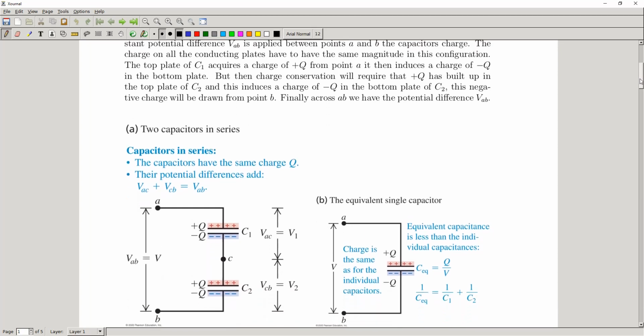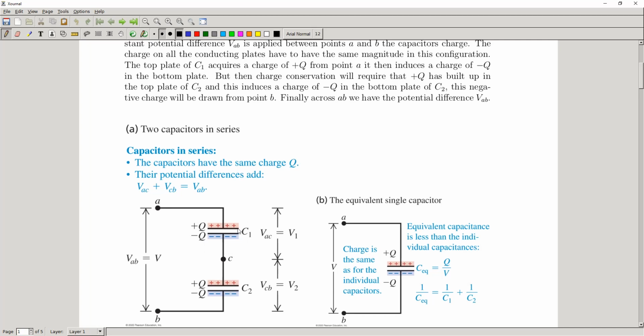The first thing we can see is that we have this potential difference of V_AB across A and B. We can imagine that maybe we have a battery put in the system that's going to give us that potential difference. As we connect this battery, it's going to charge our capacitor plates, and the first thing we want to realize is that the charge on each of these capacitor plates, or the charge for each capacitor, as we often talk about it, is going to be equal.